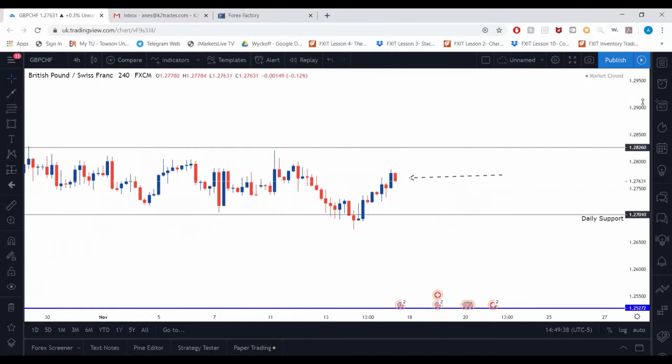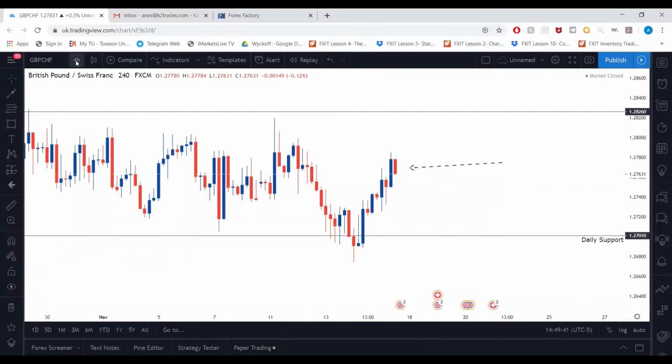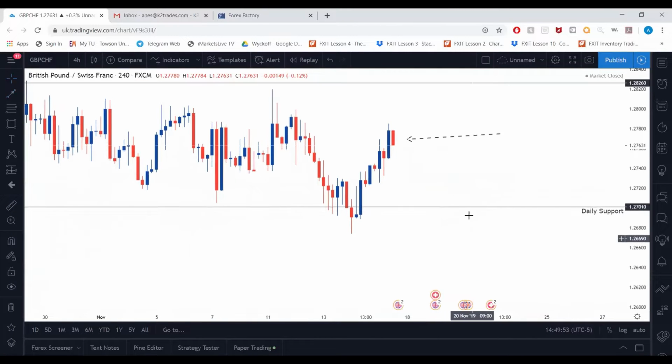So the 4-hour closed bearish, but what do you do? Let's say you sell it when the market opens, your TP1 would be 61 pips, looking at the support retest. But if you sell it and it starts going back up, your stop loss has to be 64 pips. So that doesn't make sense.